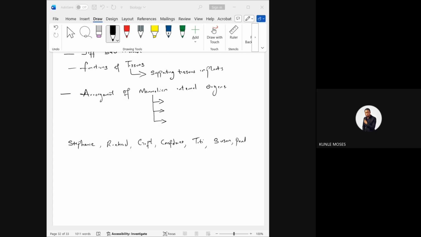You will participate, so you don't have a choice. Shadrach, would you like to participate too? Very good. So let me add Shadrach, so we follow this order. Pick your number: Stephanie 1, Richard 2, Gift 3, Confidence 4, Titi 5, Suzanne 6, Paul 7, Shadrach 8.